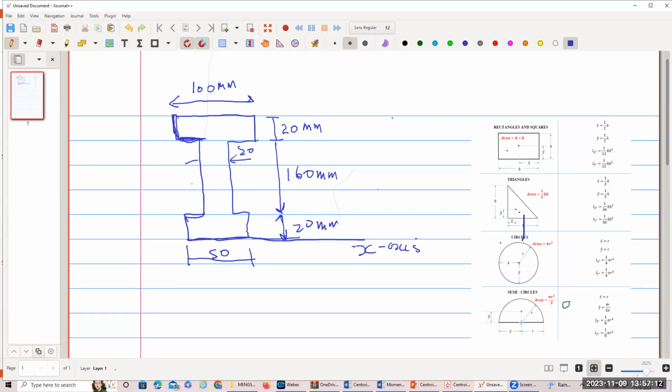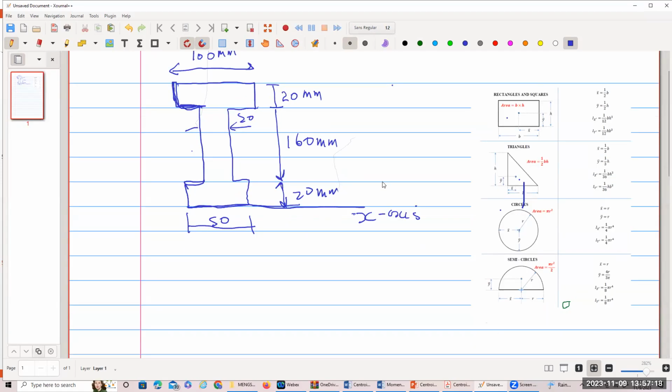Let us do something on the board. If you're working from the top, fine. But we need to find the centroid first, and for this one I'm going to use a straight formula. You want y bar. In order to find y bar, you need the total area times y.